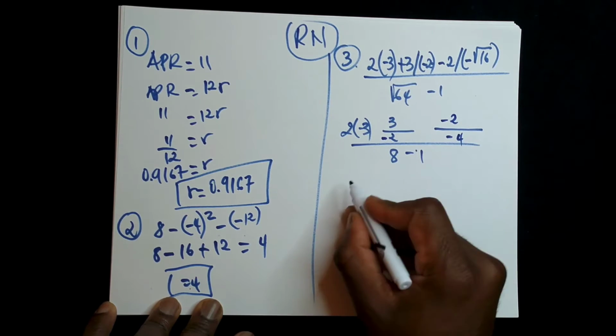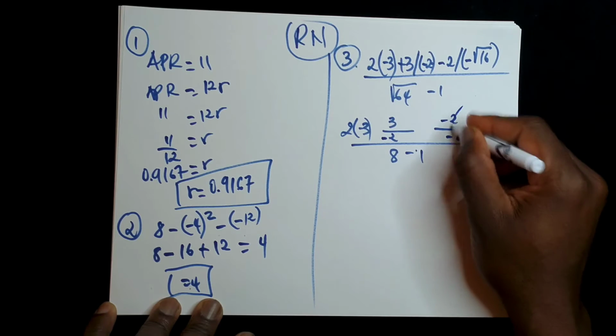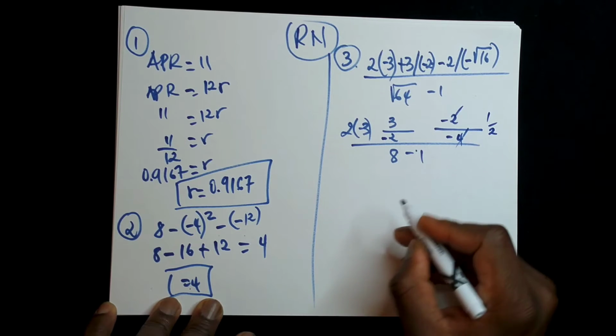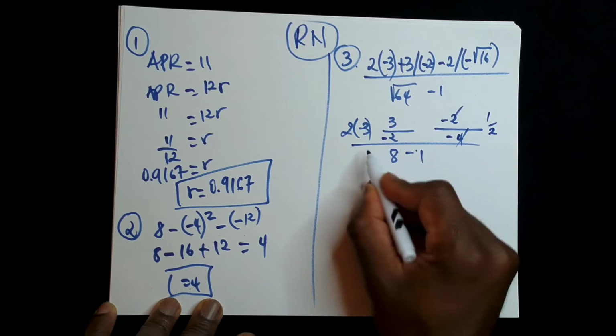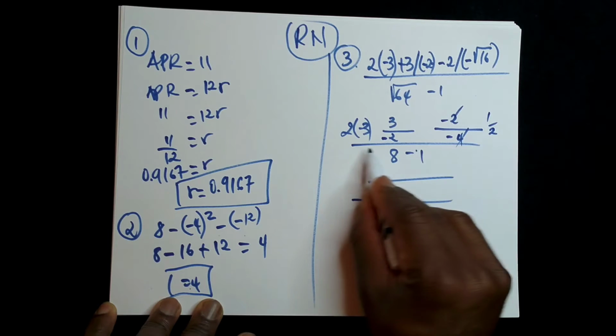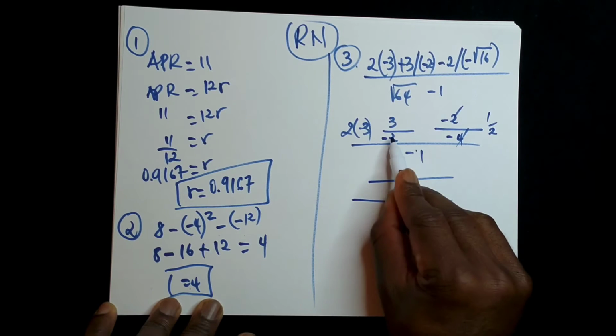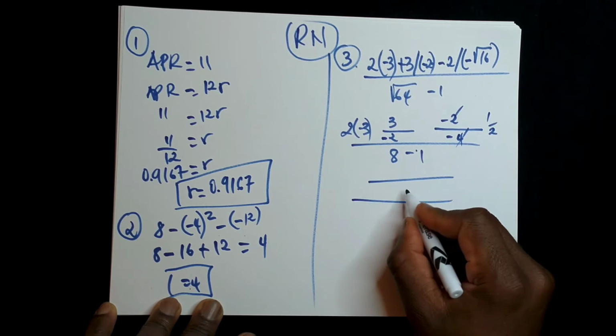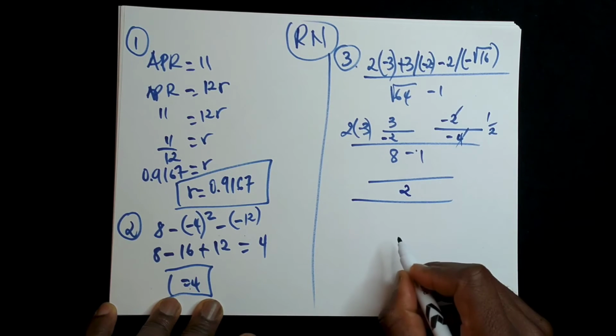So we can simplify this easily. It gives us 1 over 2. So we have 1 over 2, and let's make sure that we have everything together. Let's have a common factor here, which is 2, and this we can multiply by 2 to have the common factor.